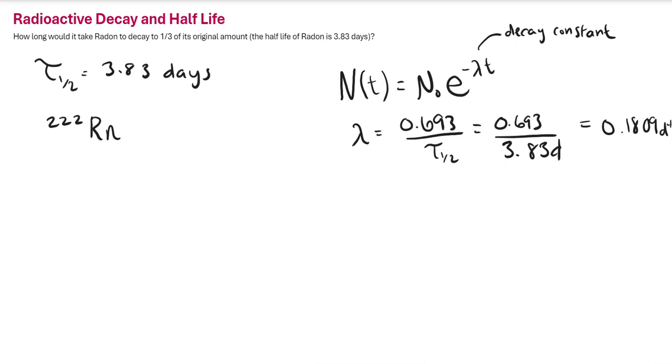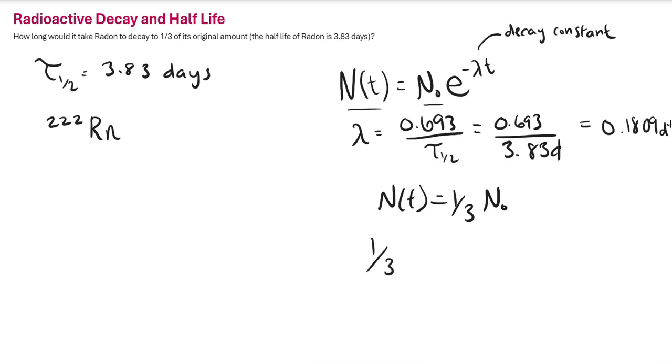Okay, so now let's look back at our radioactive decay equation. We want to know how long it takes for the original amount, N naught, to decay to 1/3 of its original amount. So we want N of t to equal 1/3 of the original amount, which is N naught. We can now plug this into the first equation.